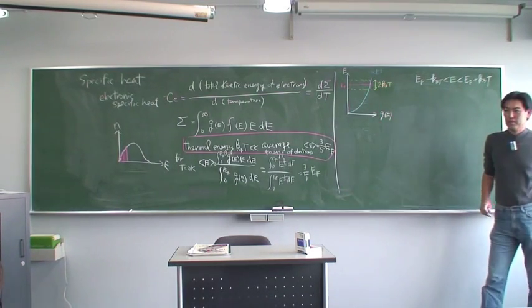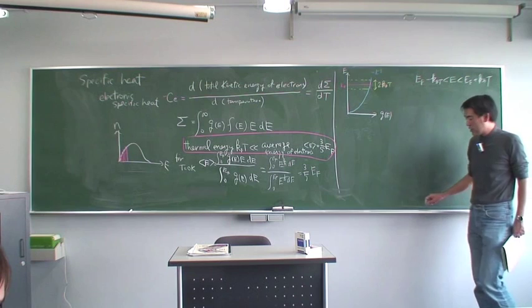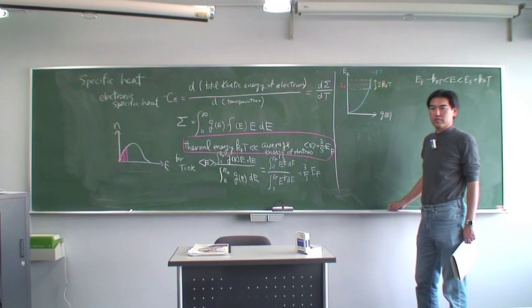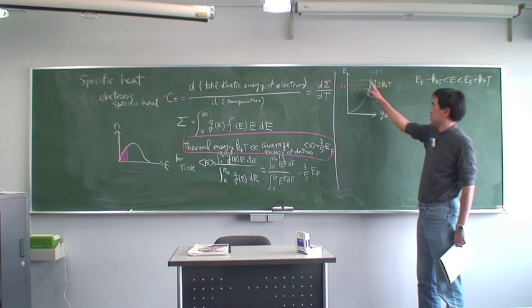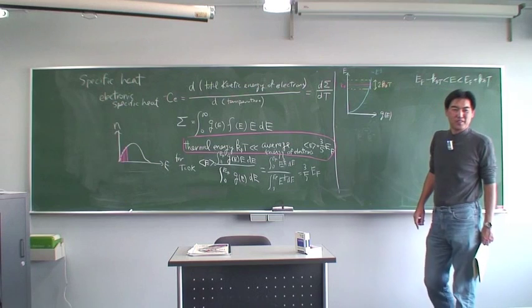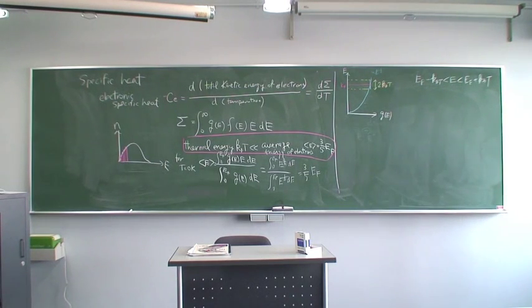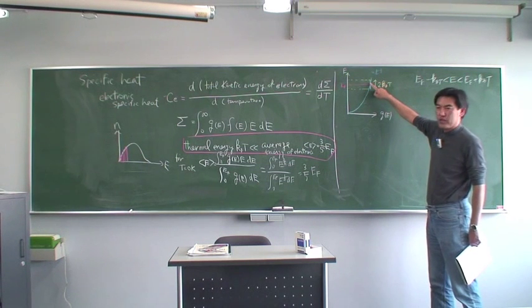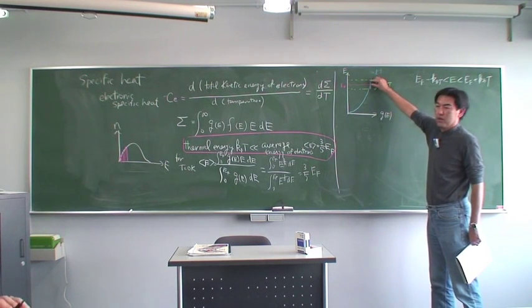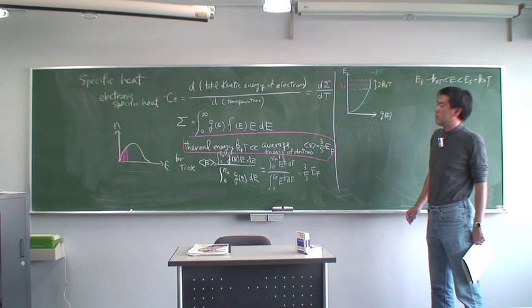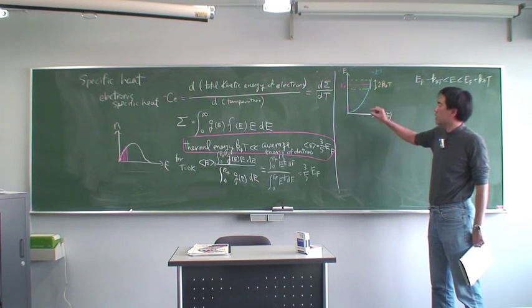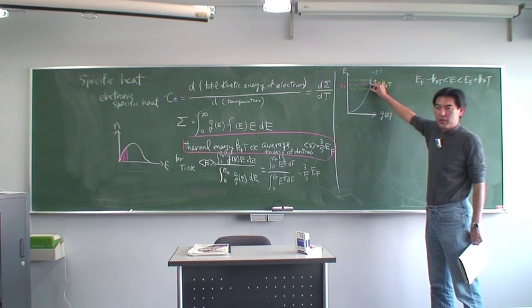So this is like a new G(E), density of states. That's okay, this is almost straight. Of course, on this side we are underestimating G(E), but here we are overestimating G(E).